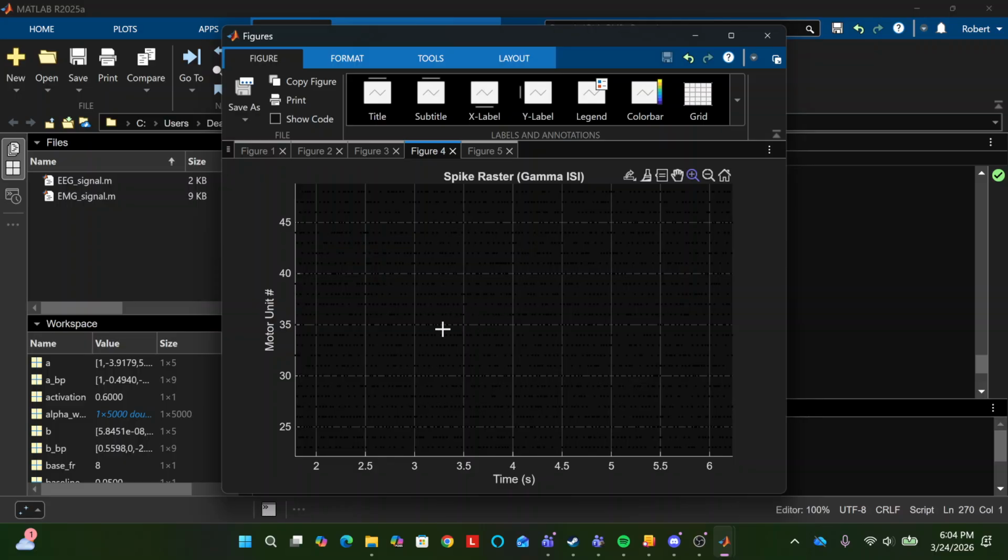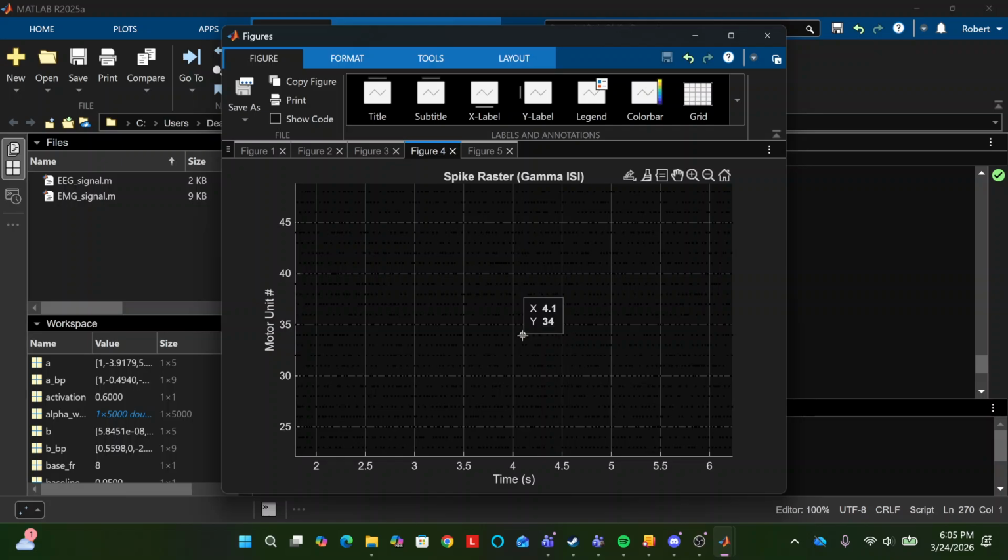These little dots are actually motor units. So we have the number of motor units, and we're looking at how many times these motor units are actually triggered.